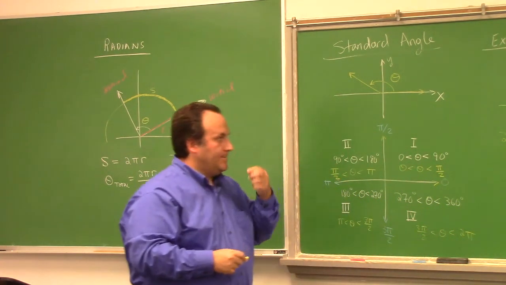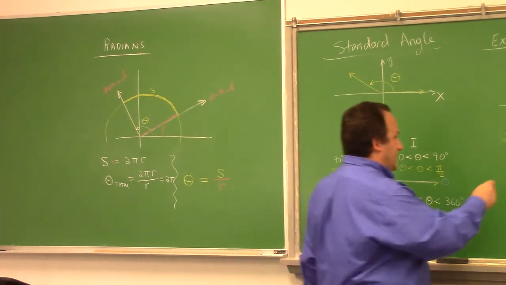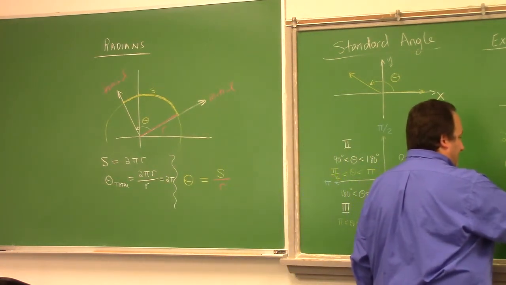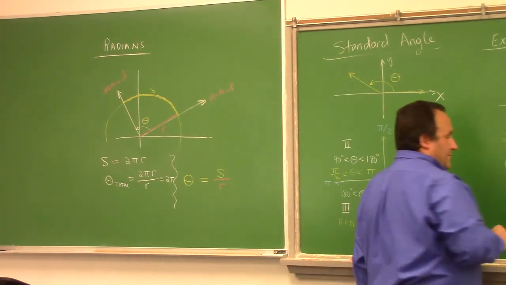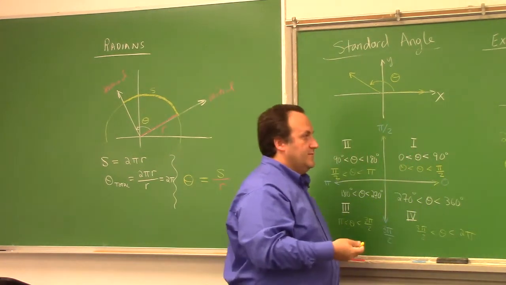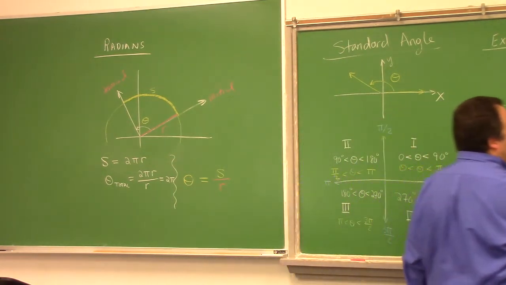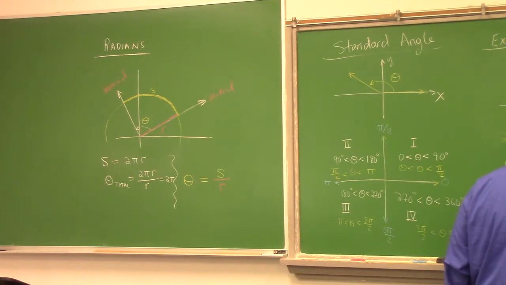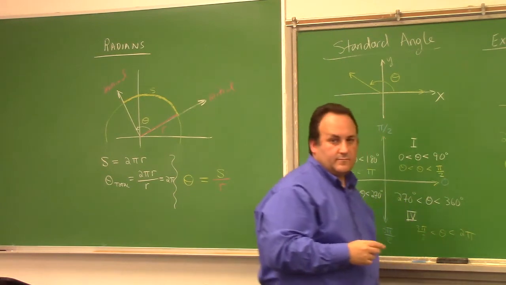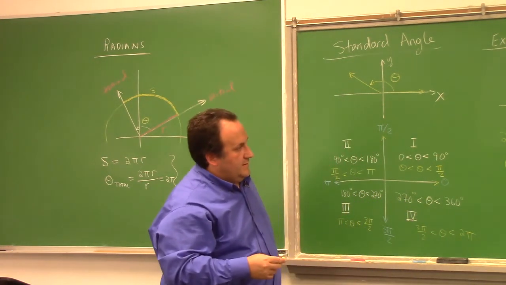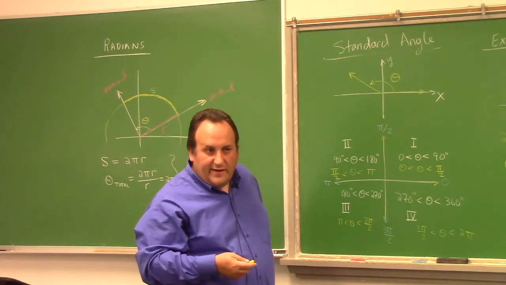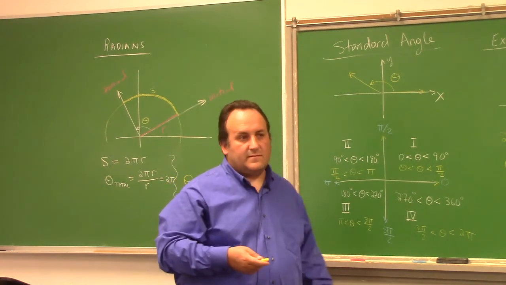So if we start with theta equal to 45 degrees and we want to convert to radians, this says that 1 is equal to 2 pi radians divided by 360 degrees, right? Now, can you simplify 2 pi radians over 360 degrees?